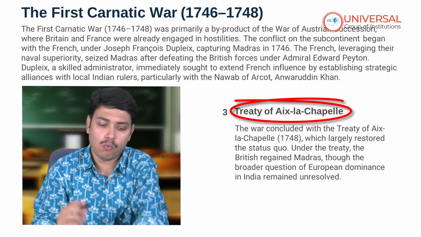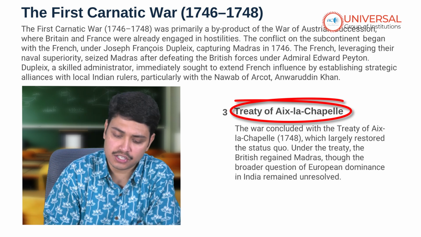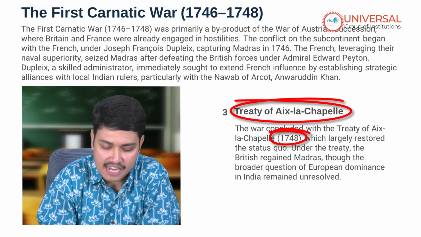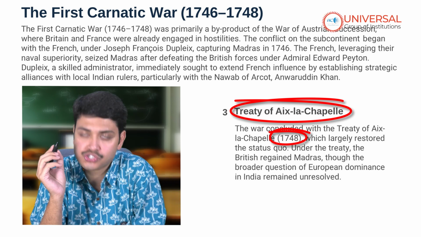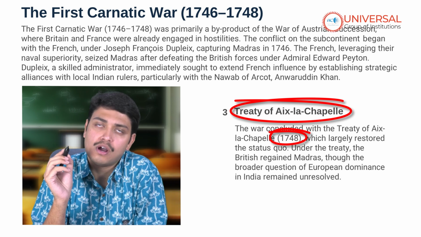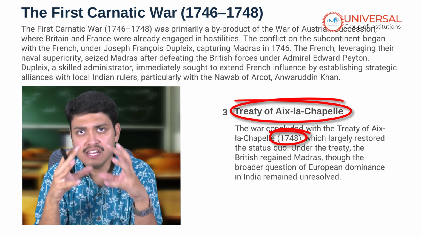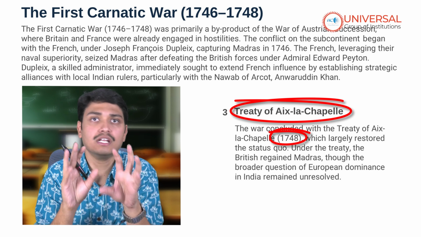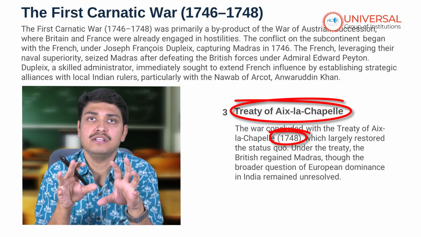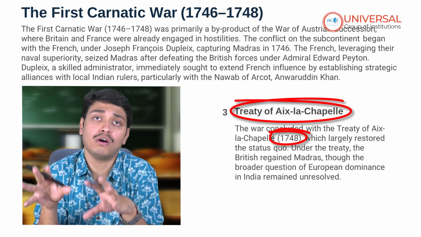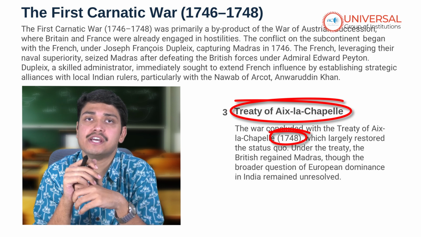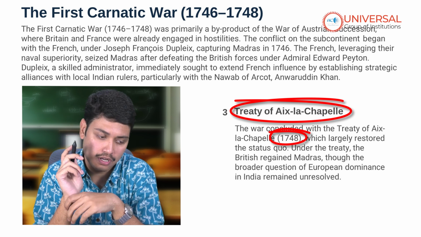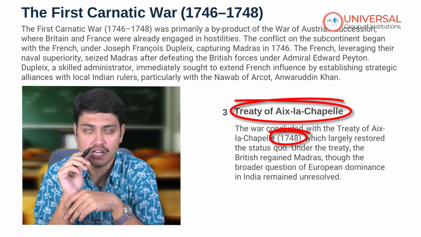The war concluded with the Treaty of Aix-la-Chapelle in 1748, which largely restored the status quo. That means neither the French, nor the Nawab of Arcot, Anwaruddin, nor the British East India Company benefited from the result of the first war of the Carnatic.